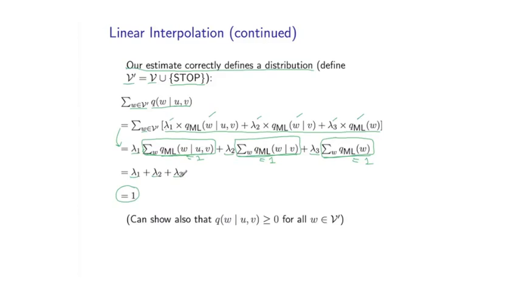And by definition, remember this was a constraint on the lambdas, these three terms sum to 1. It can also be shown, this is the other property we need for this to correctly define a distribution, that for any u, v bigram and for any w in the set V primed, this value is greater than or equal to 0, and that's trivial to show in this case.